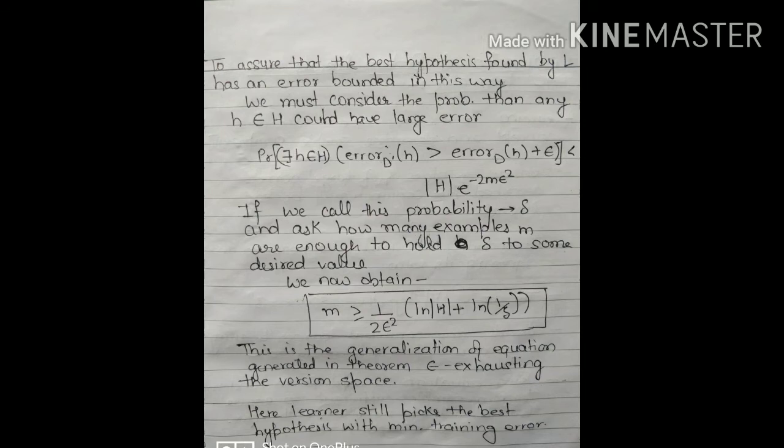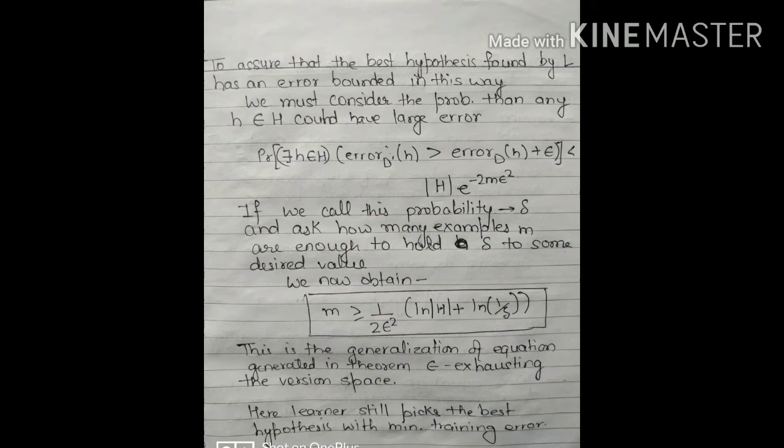So delta is less than the size of the hypothesis space times e to the power -2m epsilon squared. Now we can generalize this equation and get m is greater than or equal to 1 by 2 epsilon squared times log of H plus log of 1 divided by delta. So by this definition we will get m.